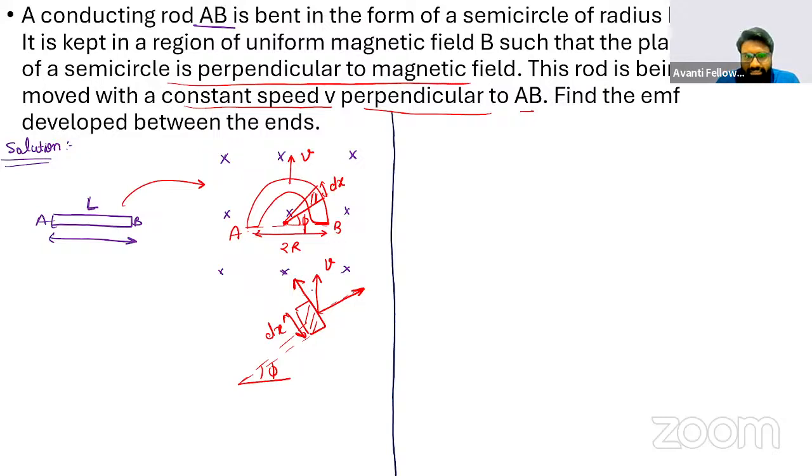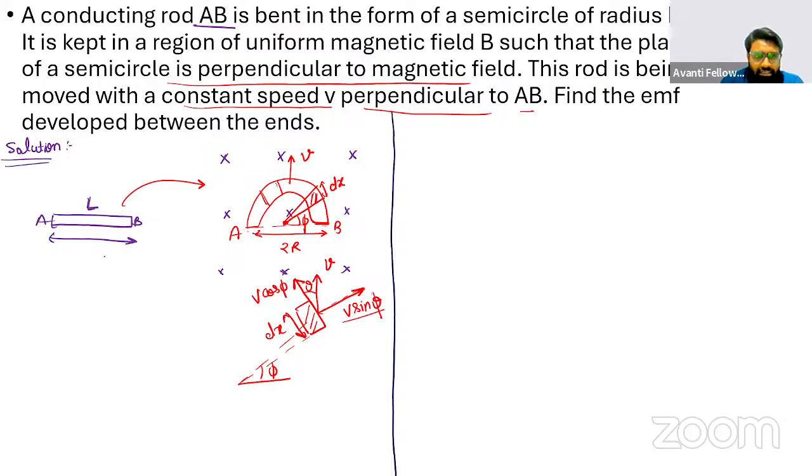If this angle is phi, this angle would be phi, so this velocity will become v cos phi, and this velocity will become v sin phi, got it? Now we need to take only this velocity because this is the perpendicular velocity because of which the motional EMF will generate.